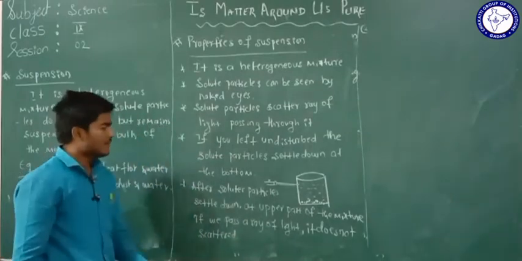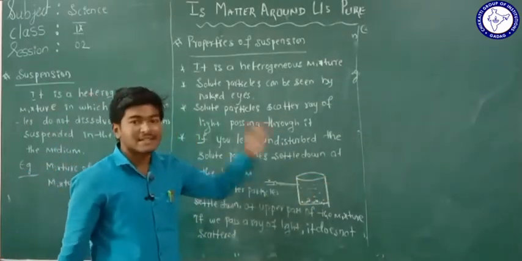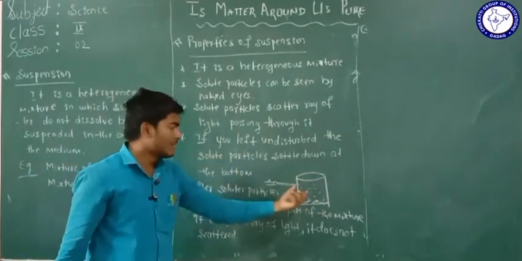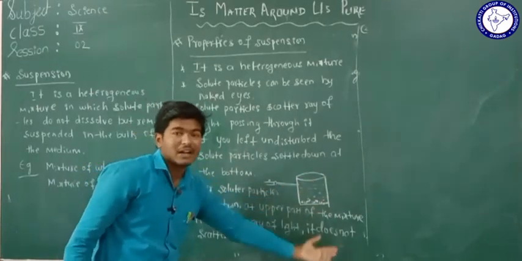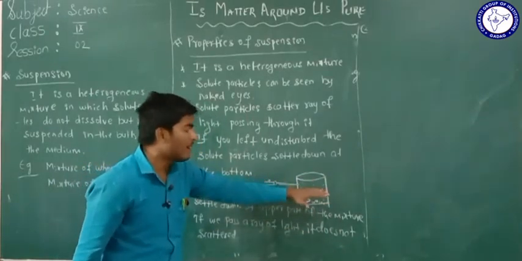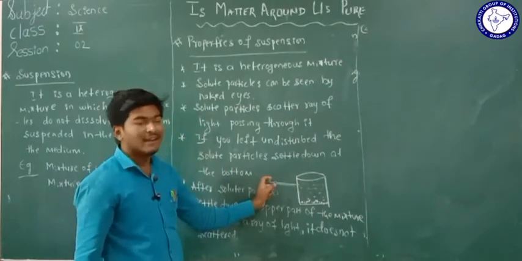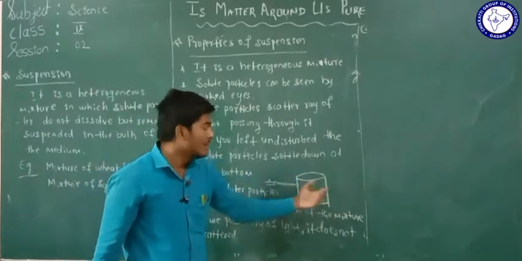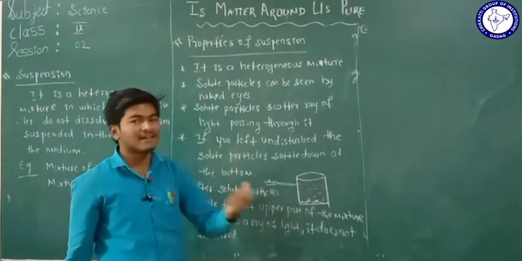So what does it mean? In the upper part of the suspension, after the solute particles settle down at the bottom, if you pass the ray of light through this upper part, it doesn't scatter the ray of light.